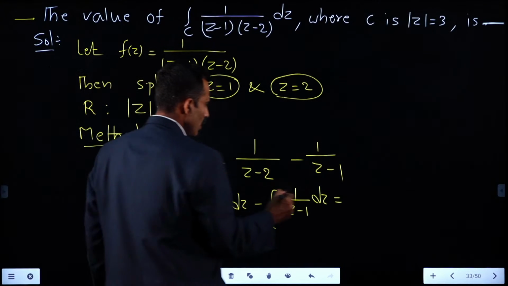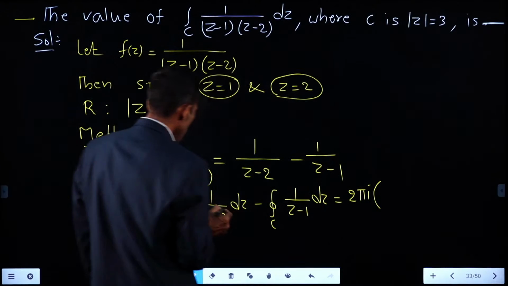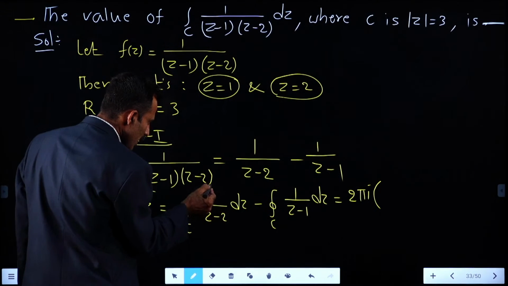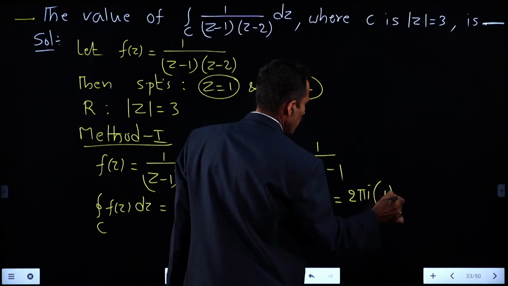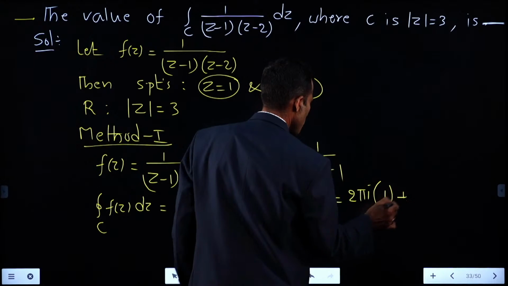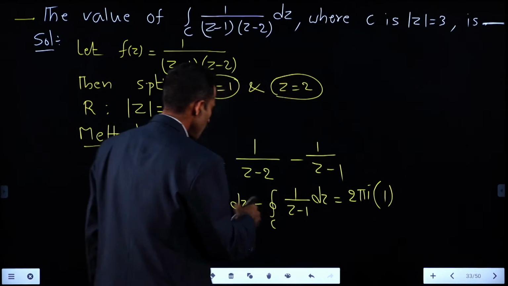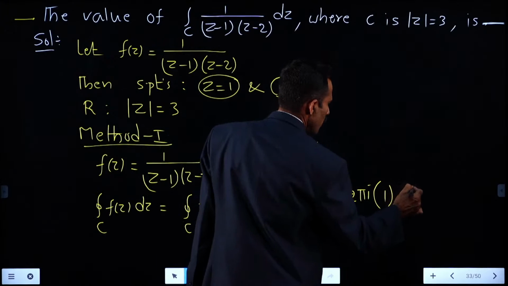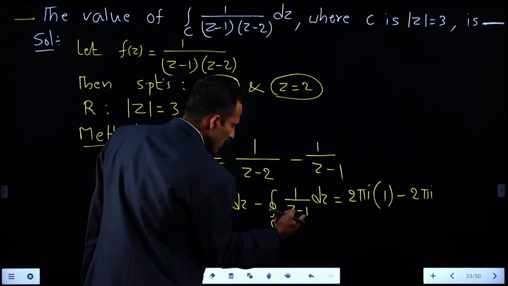Now for first one, 2 pi i into, substitute this 2 in the numerator function, but here it is constant, so 1. Between these two we have minus, so minus 2 pi i into phi of z function at z equal to 1 only.